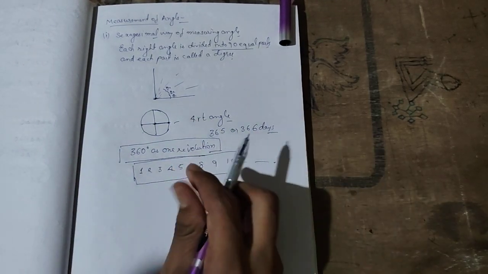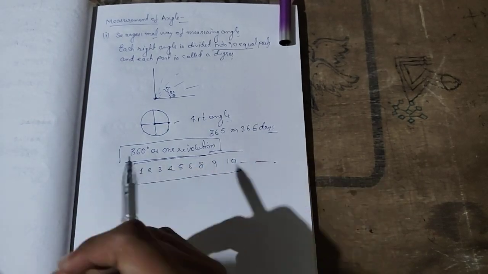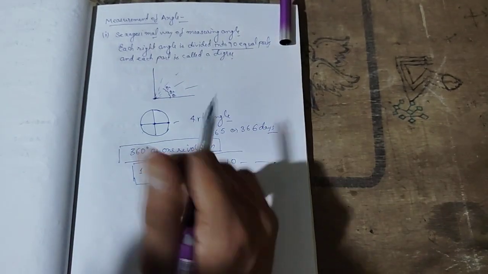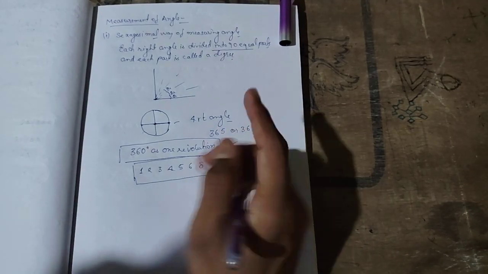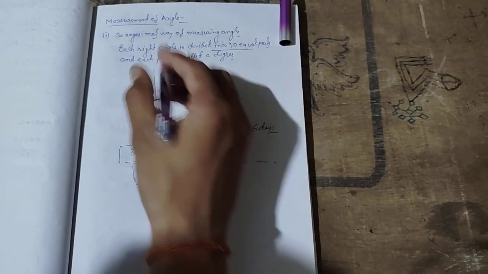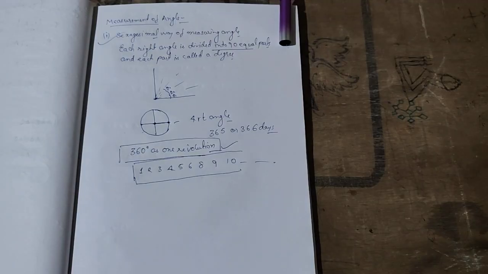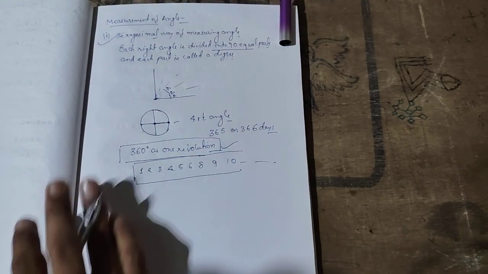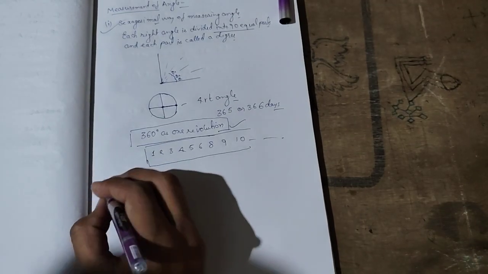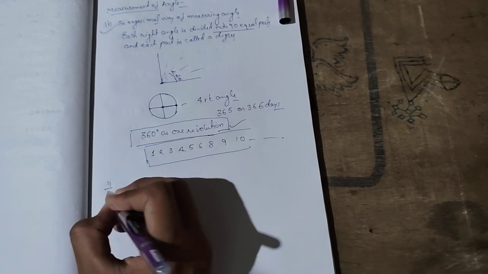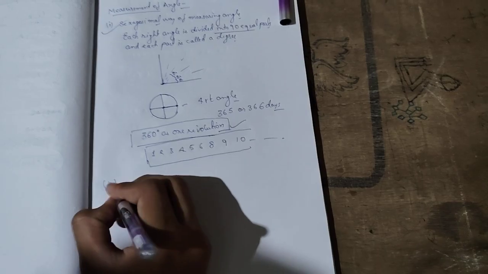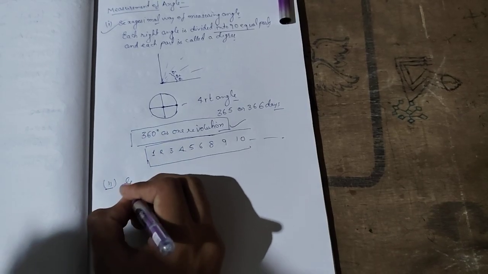Maybe that's the reason for taking 360 degrees as one revolution, and that's how we define the sexagesimal way of measuring angles. Another second way is grade.